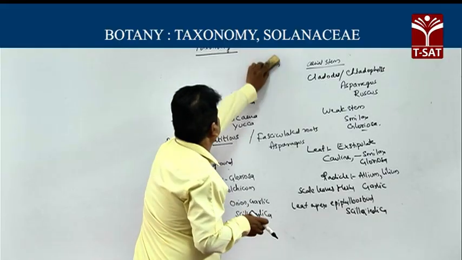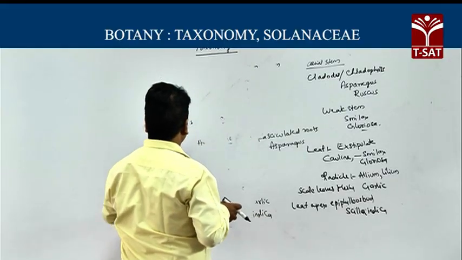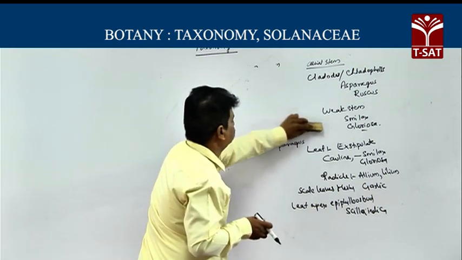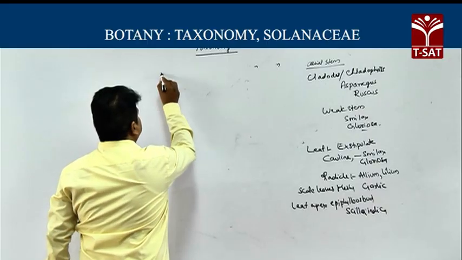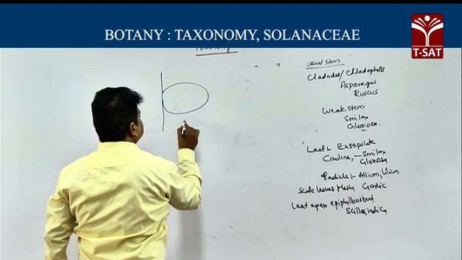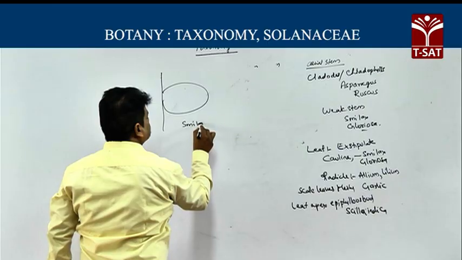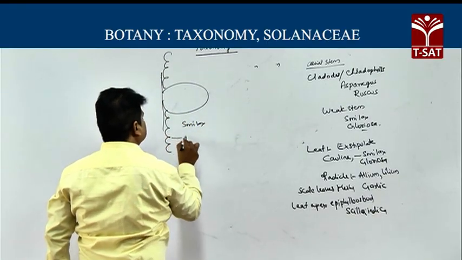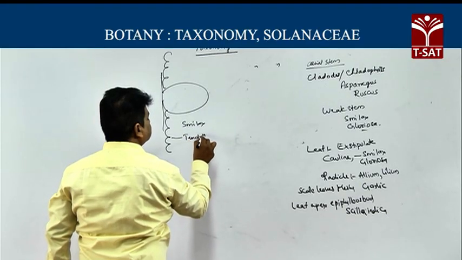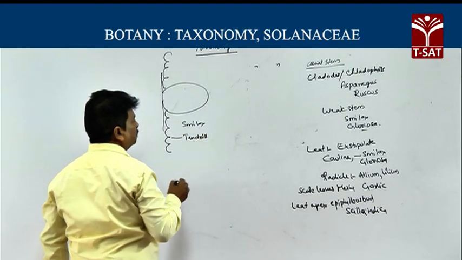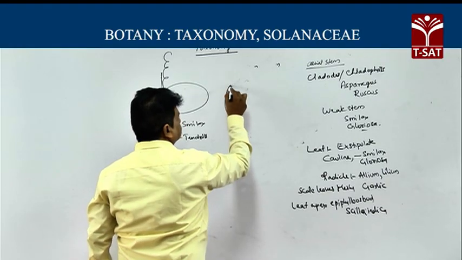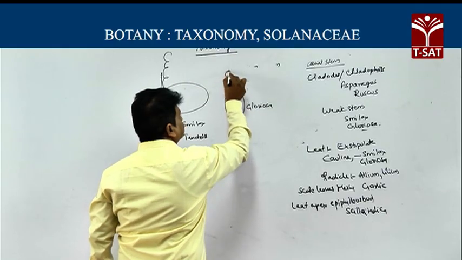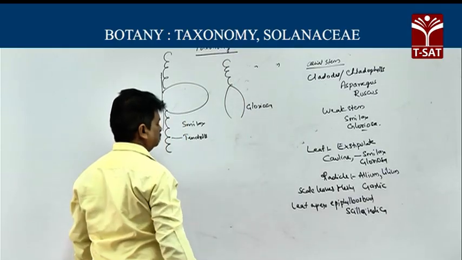Generally monocots are exstipulate, but some plants like Smilax have stipulate leaves, with stipules modified into tendrils. Then in gloriosa, leaf apex modified into tendril.